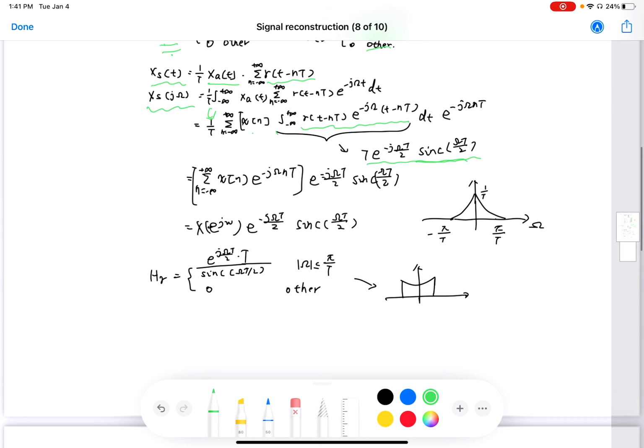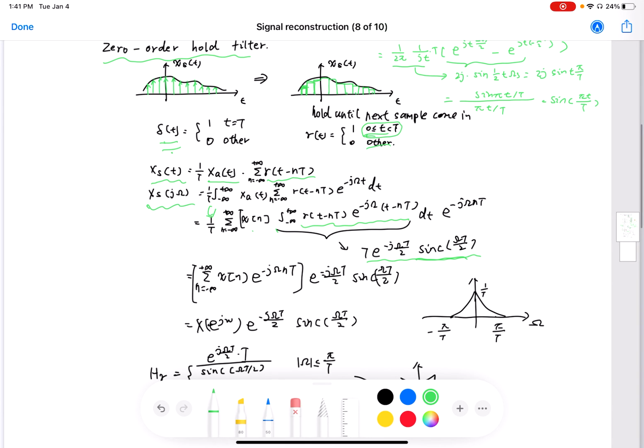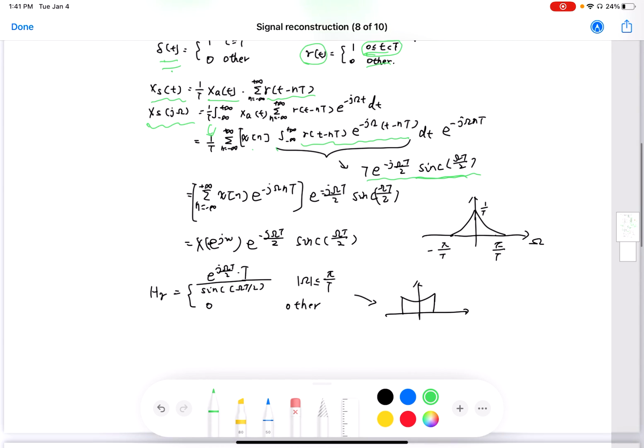So finally we get xa in frequency domain using this zero order hold filter.